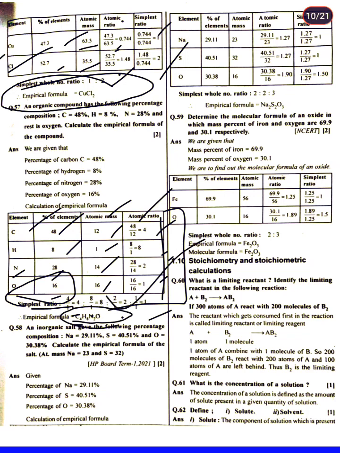Okay. Similarly, the next numerical gives the percentage of sodium, sulfur and oxygen. Sodium is 29.1%, sulfur is 40.51 and oxygen is 30.38%.